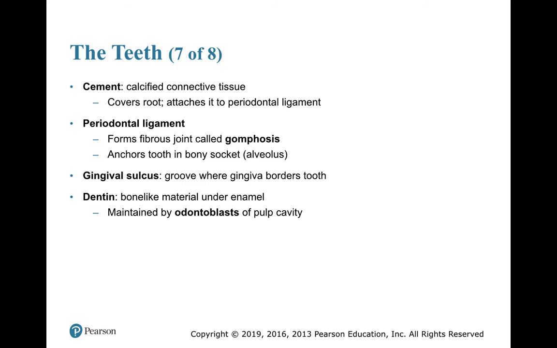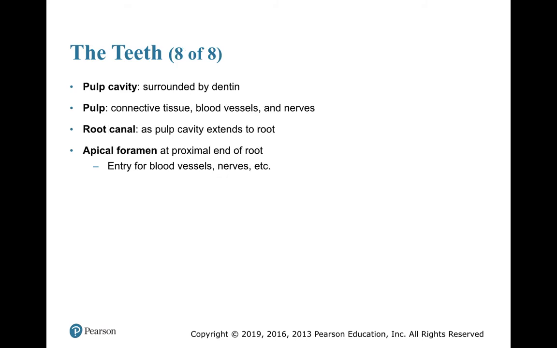And that is maintained by odontoblasts, and those odontoblasts are found within the pulp cavity. That pulp cavity is surrounded by dentin. It contains pulp, which is connective tissue, blood vessels, and nerves. The root canal is the cavity that extends to the root.